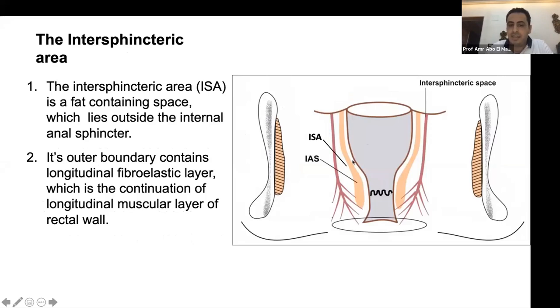The internal sphincter is about 2 to 3 millimeters, and the intersphincteric area is about 1 millimeter. The whole length is about 4 millimeters. The intersphincteric area is a downward continuation of the outer longitudinal fibroelastic layer of the longitudinal muscular layer of the rectal wall.